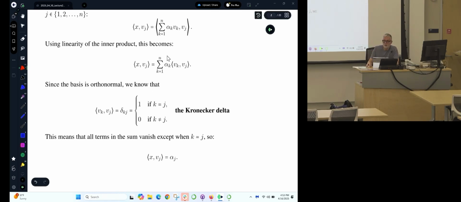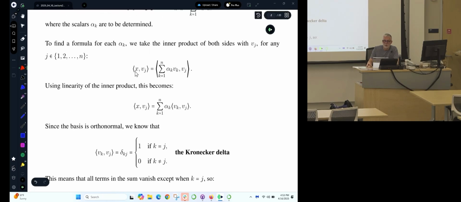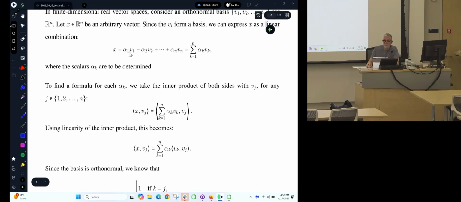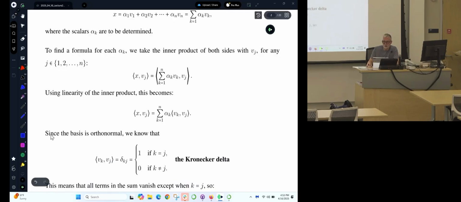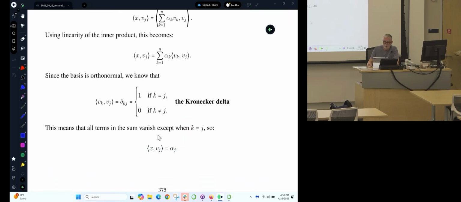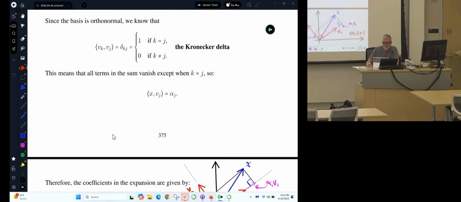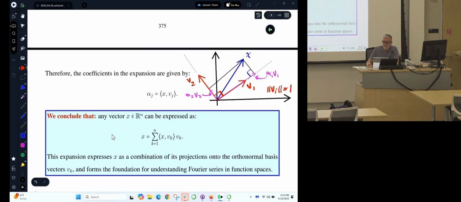So if I want to calculate and express x as a linear combination of orthonormal basis vectors, there's the calculation of the coefficients. It's one inner product. X transpose times Vj. And that's what it looks like.